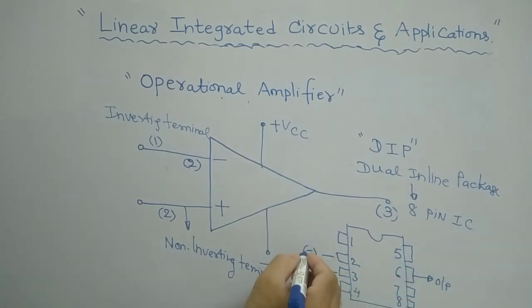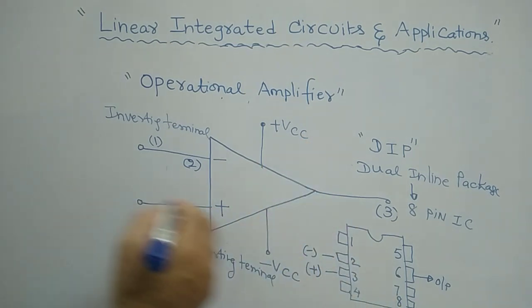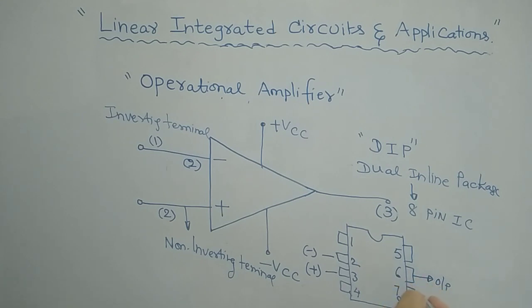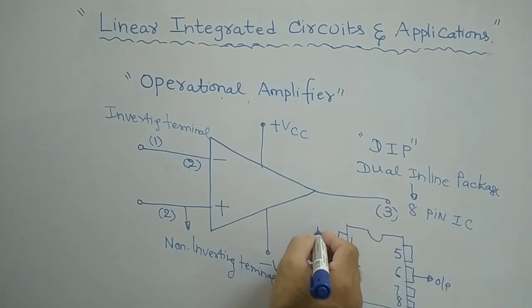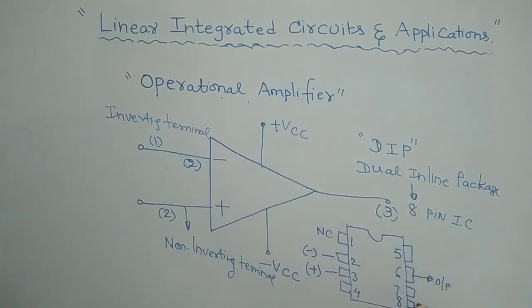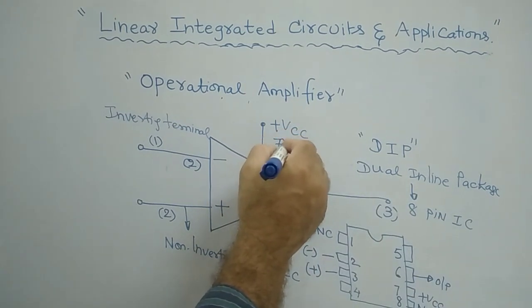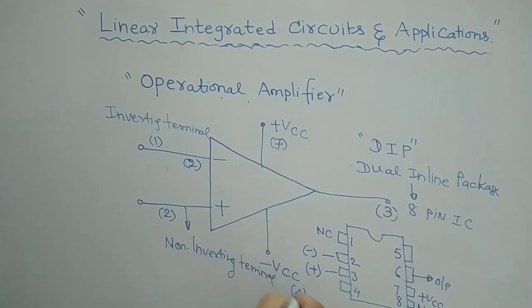These are the inputs. Similarly, plus VCC and minus VCC are the two power supply pins: 7 is plus VCC, and 4 is minus VCC. Pins 1 and 8 are the remaining terminals that are not in use, no connection, NC.